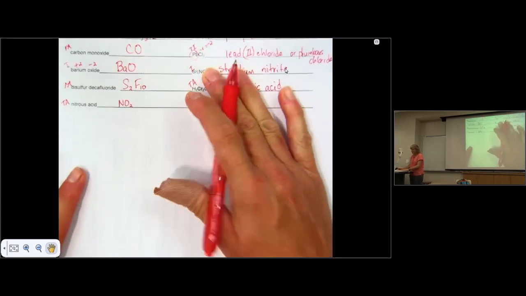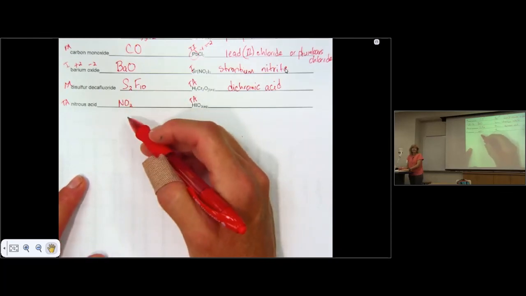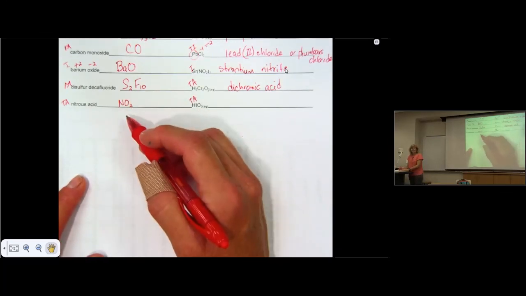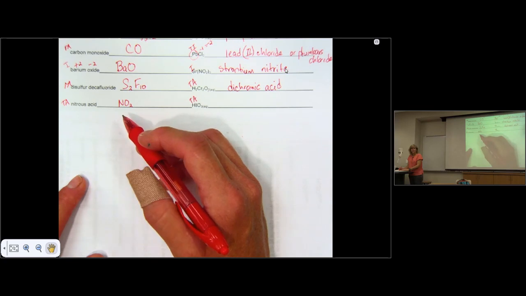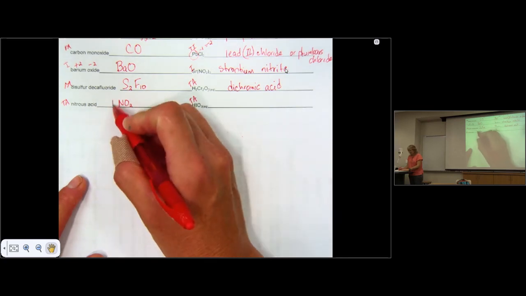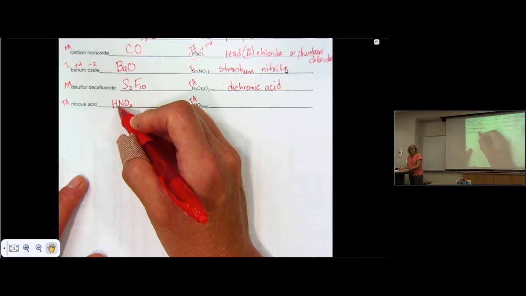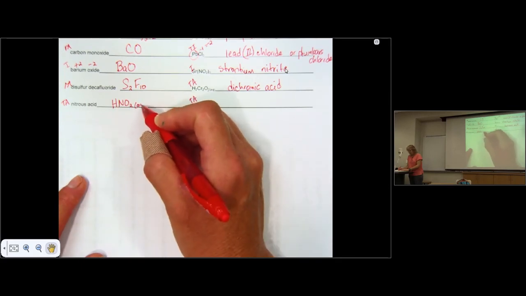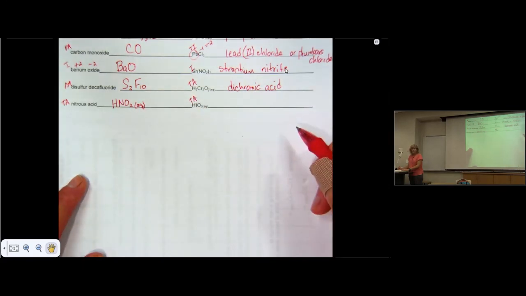So what I do is I write nitrite down, and then I say, what charge does nitrite have? -1. So how many hydrogens go with it? Only 1, and then AQ at the end. Yes? No, AQ means acid.